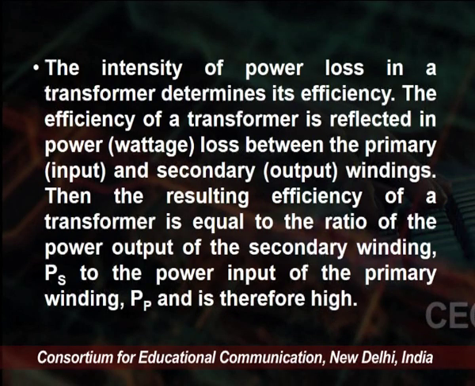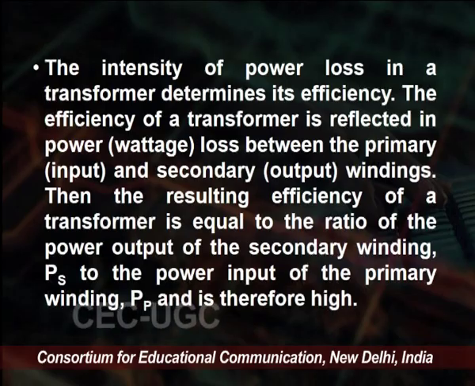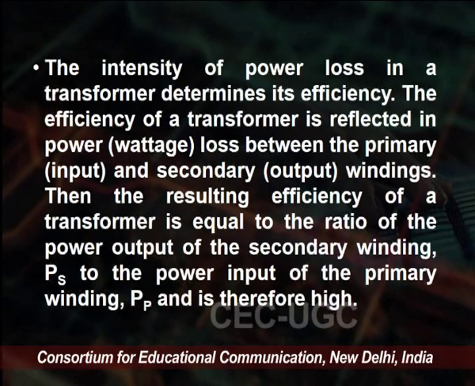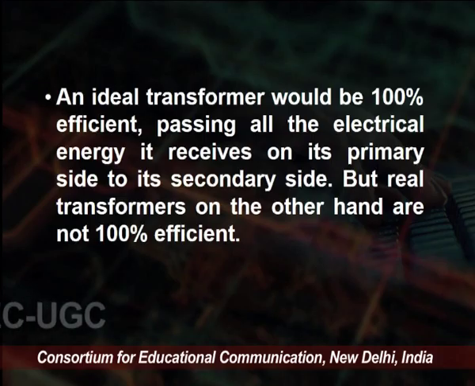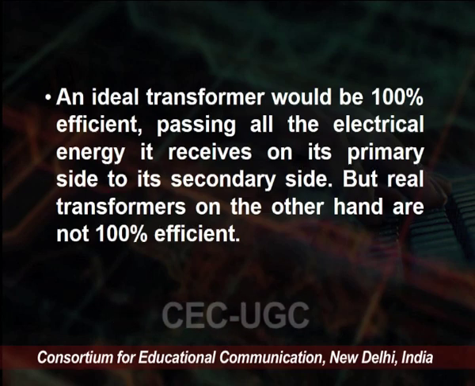The resulting efficiency of the transformer is equal to the ratio of the power output of the secondary winding PS to the power input of the primary winding PP, and the efficiency must be high in the case of the ideal transformer.